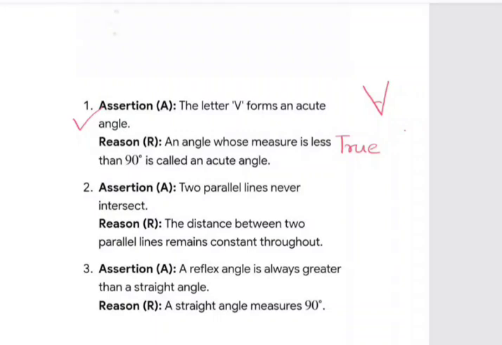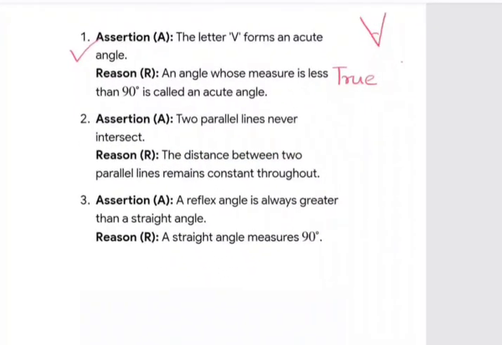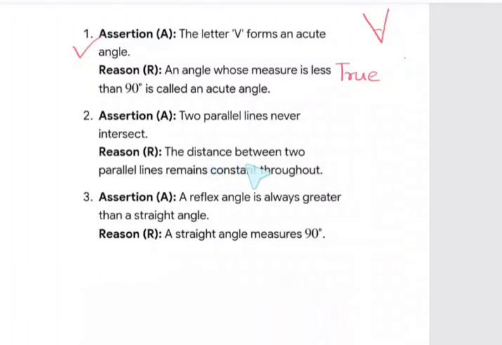Next assertion: two parallel lines never intersect. Reason: the distance between two parallel lines remains constant throughout. First we check the assertion. Yes, it is correct. Parallel lines are lines in a plane that do not meet at any point, no matter how far they are extended.